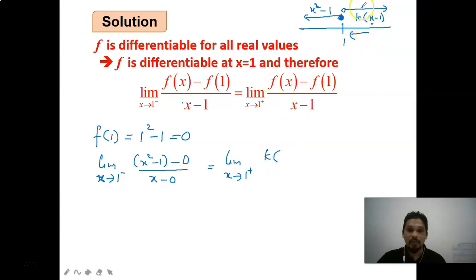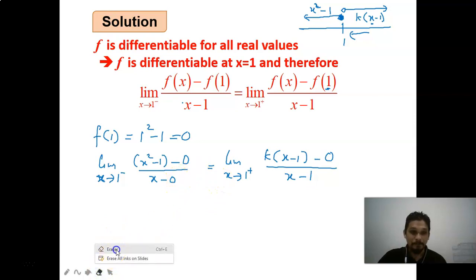For f(x), we write all this again: k times x minus 1 minus f(1). Substitute 1 into this x, so 1 minus 1 equal to 0 times k, everything is 0 here, divided by x minus 1. Oh, sorry, I made a mistake here. Okay, it's supposed to be 1 there.